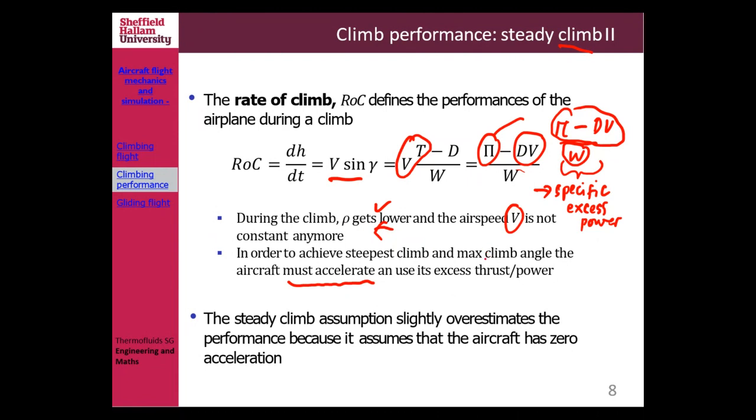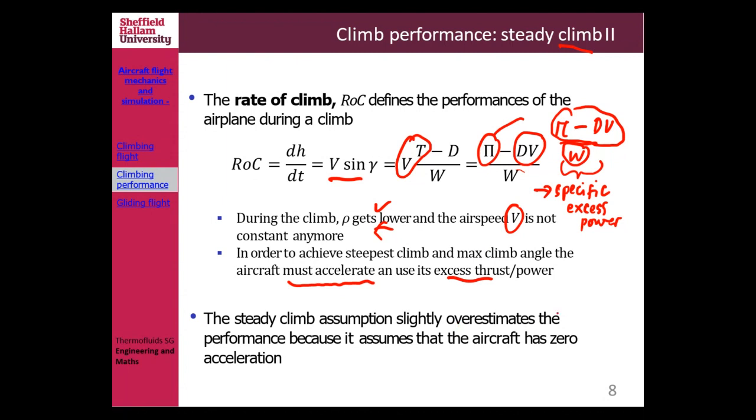If you want to have a steady climb, then V has to increase all the time to compensate that rho is decreasing, right? How do you make the V increase all the time? Obviously, you must accelerate by putting in your engine thrust to keep the excess power always positive.